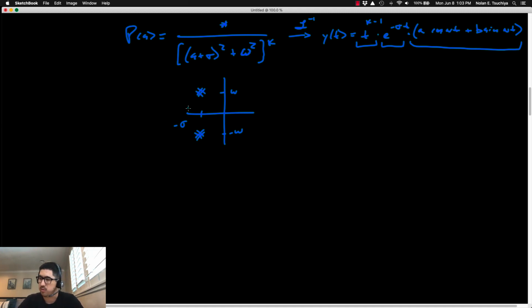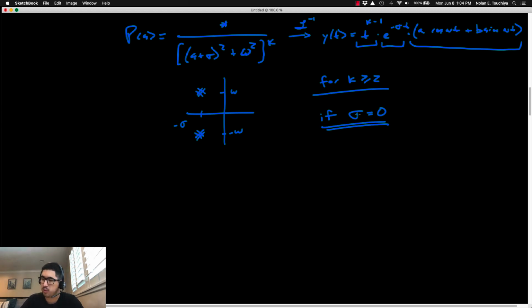Now what I was saying earlier is that for any value of k greater than or equal to 2, you're going to have repeated complex poles. And if sigma happens to be equal to 0, now this is the limiting case that we're talking about.